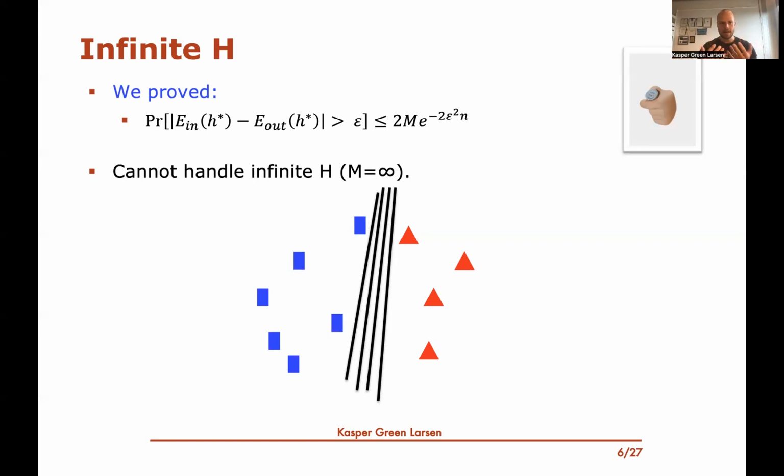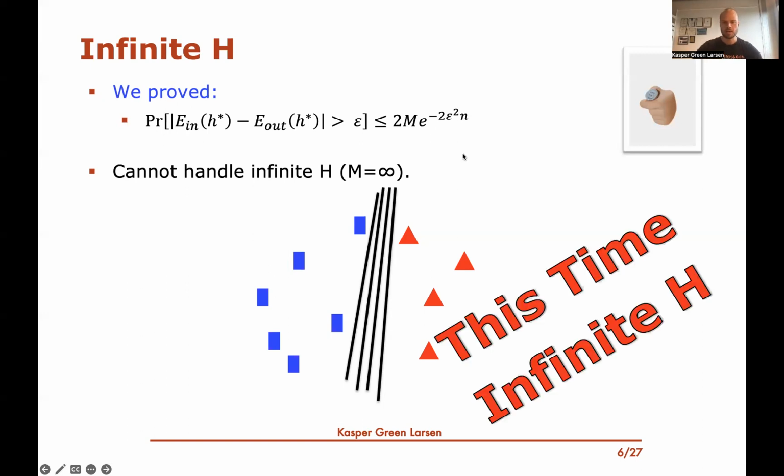There are infinitely many hyperplanes, as you can see here, where we can put infinitely many different hyperplanes that are all sandwiched between the red points and the blue points. Right. So if you plug in infinity in this bound, it doesn't give us anything meaningful. Right. So this is what we'll try to study today. How can we actually deal with such infinite families of hypotheses? It will be the focus of both this video and the next one.